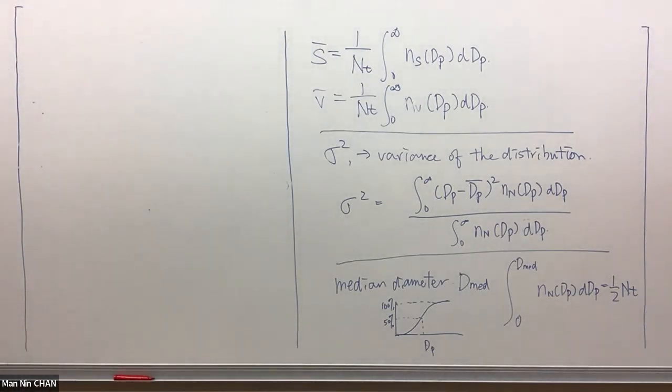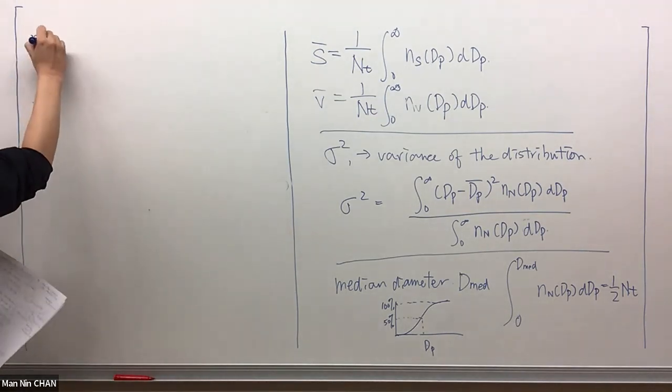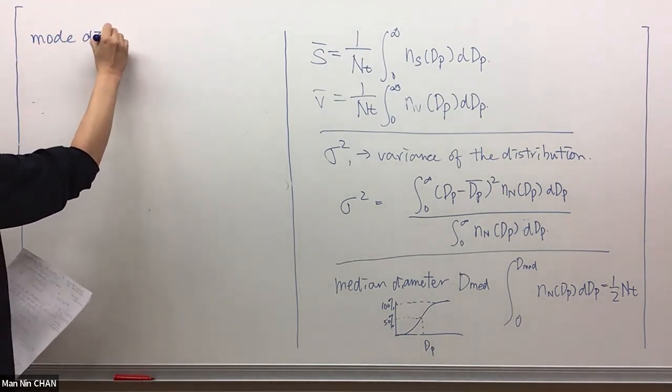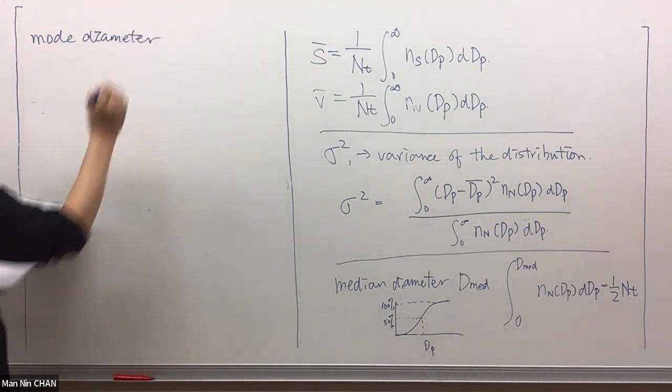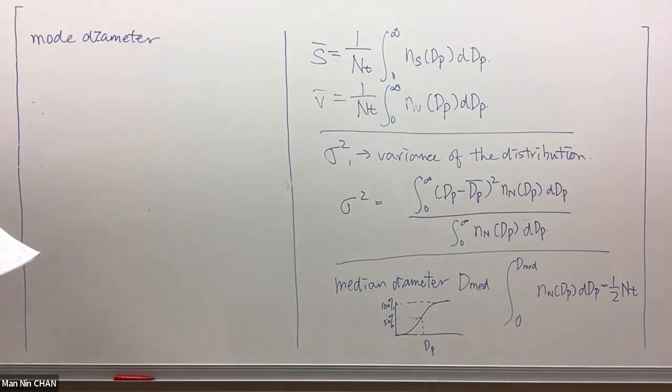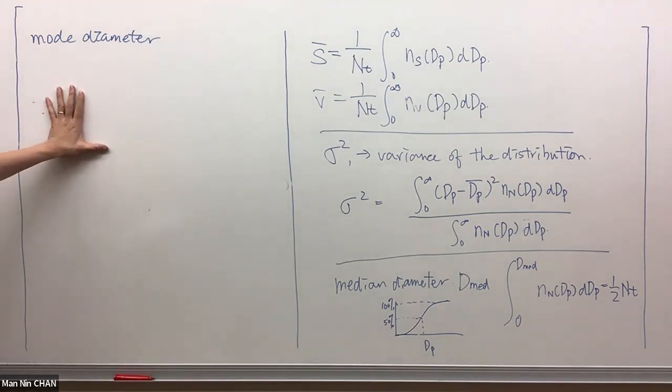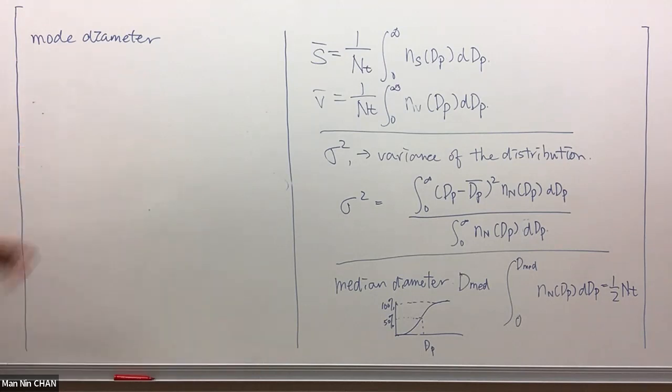One last thing, which we usually don't use that often, is what we call the mode diameter. The mode diameter is where you try to find the maximum, or sometimes we call it the local maximum, of your number distribution.